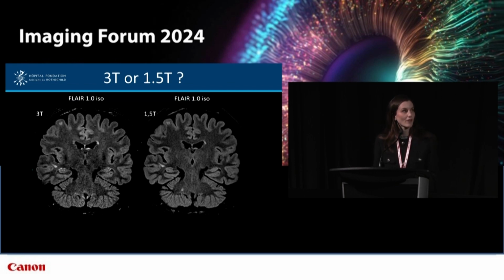So actually, in fact, the image on the left is 3T and the one on the right is 1.5 thanks to ACE. So we can see that the benefit of ACE is that we can achieve a level of signal to noise ratio and contrast to noise ratio on our 1.5 system that was previously only reserved for 3T.